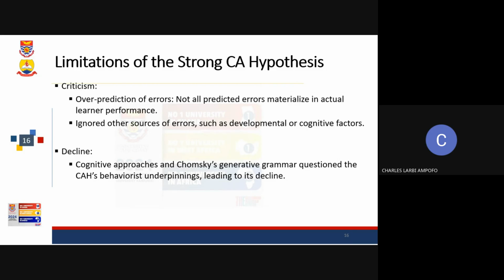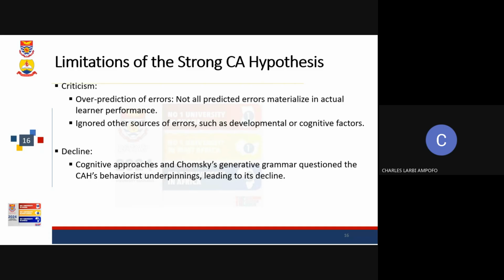But if the person is learning the language, yes, the person may commit some of those errors, but not all. Contrastive analysis is saying that all errors will be made by the learner, which is not true. That is a criticism leveled against them.